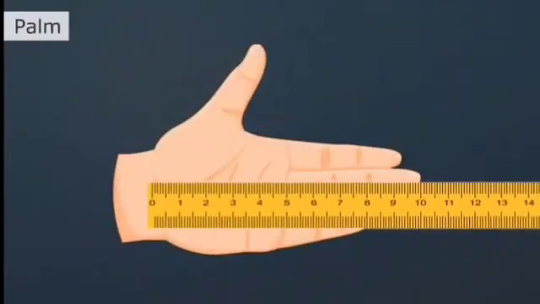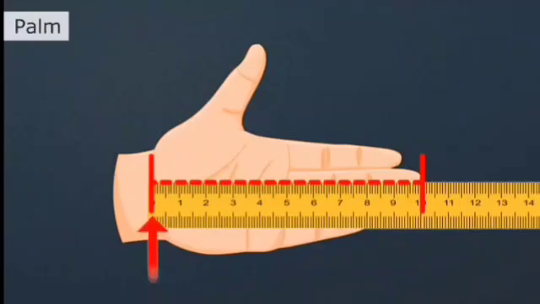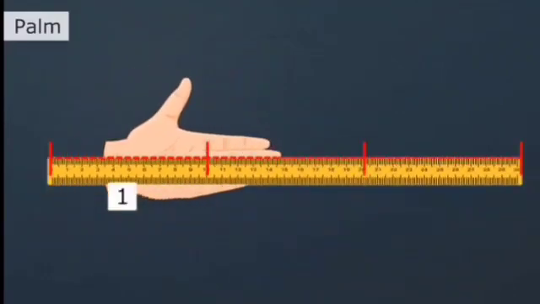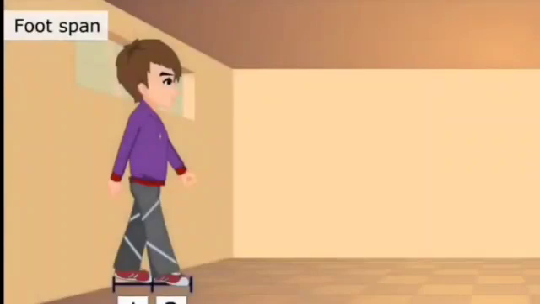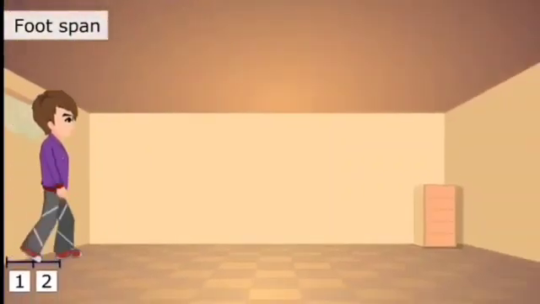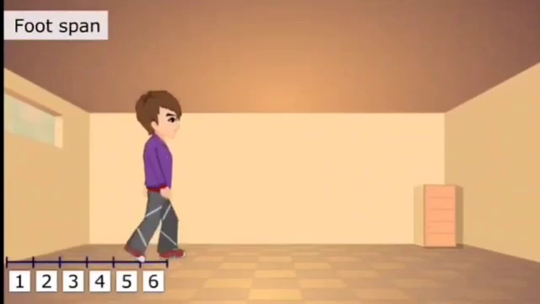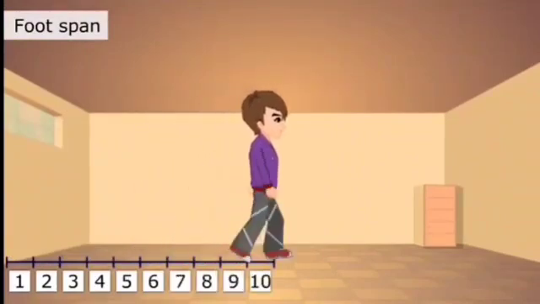And this is palm. It is the unit of distance equal to the length of the hand from the wrist till the end of the middle finger. For example, the length of this scale is equal to 3 palms. The next one is foot span. It is the unit of distance based on the length of the actual foot.